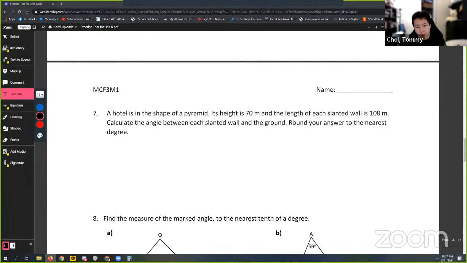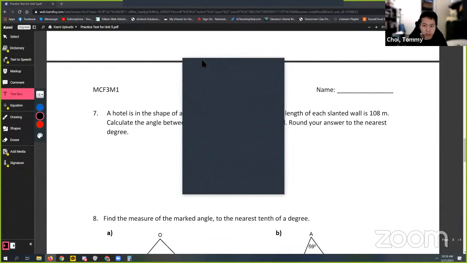Yes or no? So for example, for question 7, I want you to think about it and then tell me, after you draw it, or if you want to draw it right now, don't solve it, which one do I use? SOHCAHTOA, sine law, or cosine law?